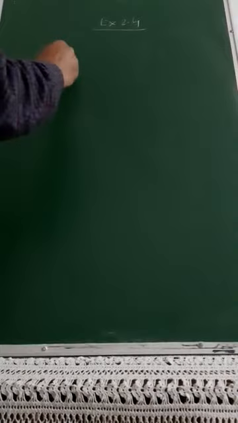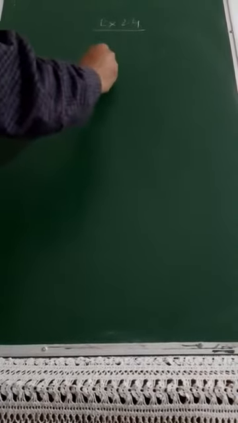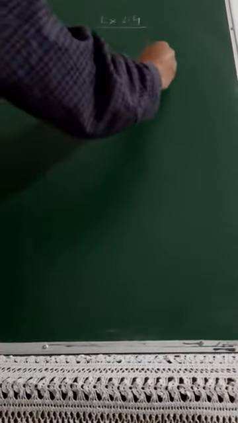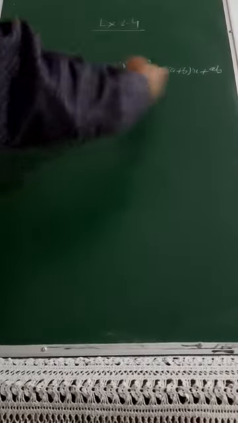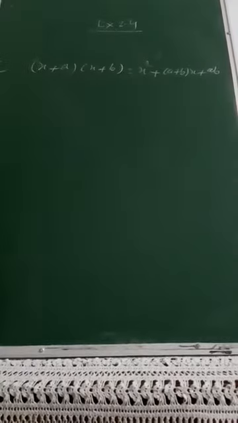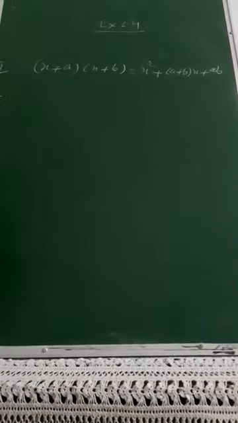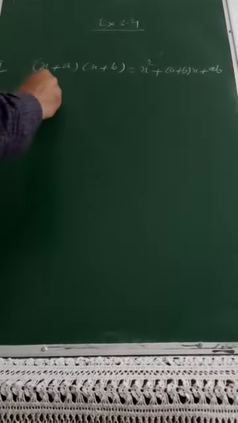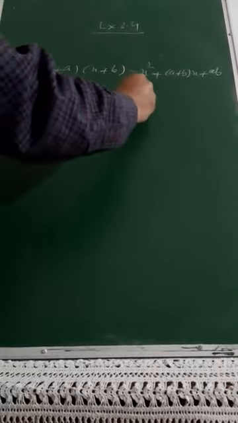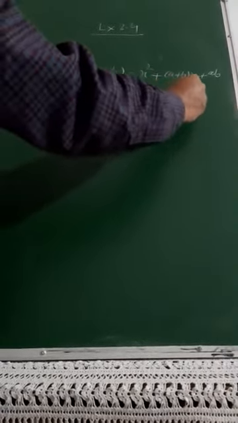Mainly the first is x plus a into x plus b, and that is always equal to what? x square plus a plus b into x plus ab. Standard forms are always expressed in positive signs only. So this is the first identity you have to use. Second, I hope all of you are familiar with a plus b whole square, a square plus 2ab plus b square.